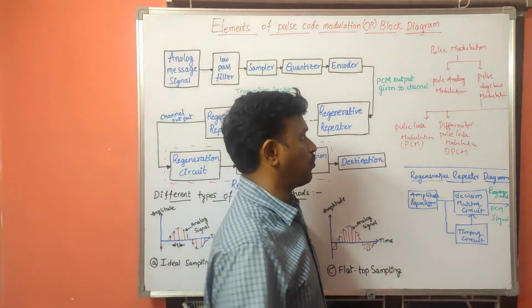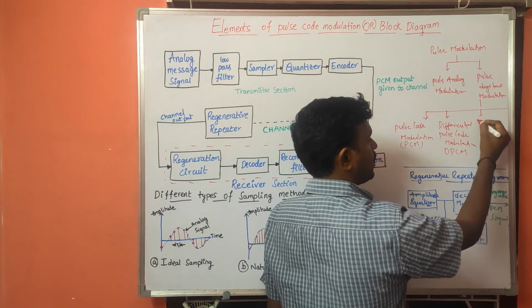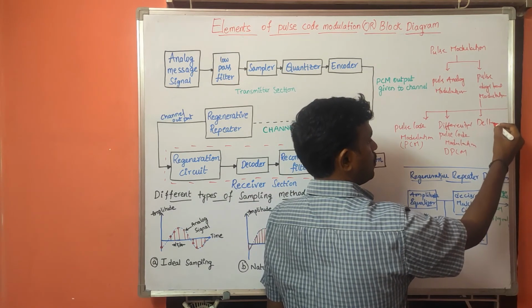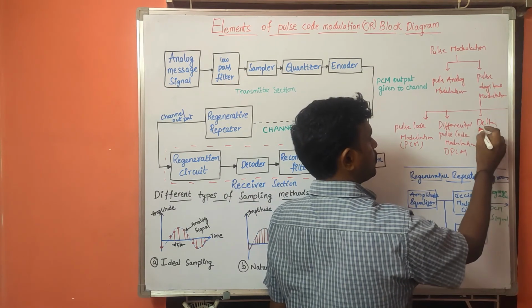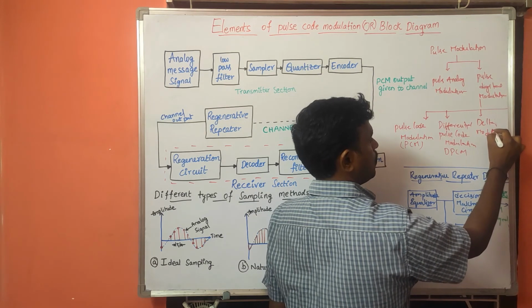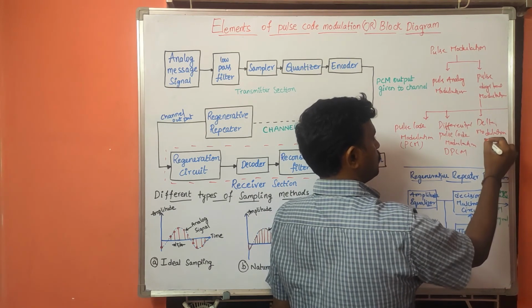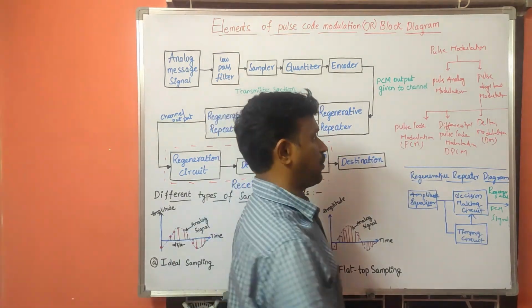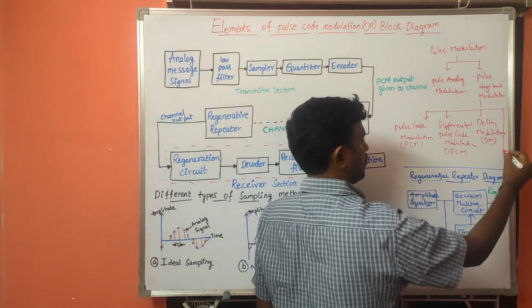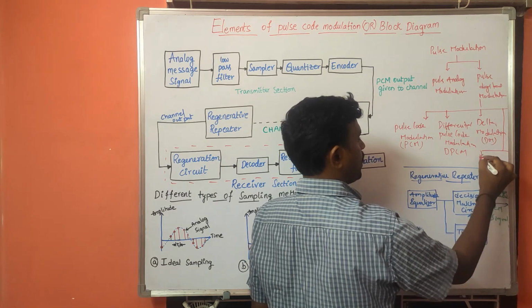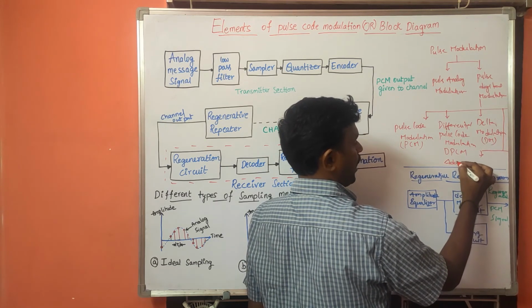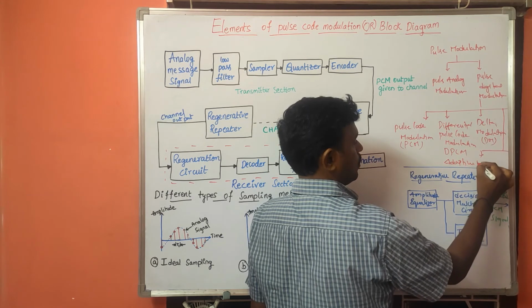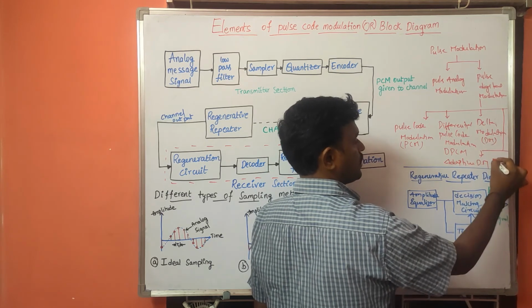Next is delta modulation, which in short form we call DM. Last we have adaptive delta modulation, that is ADM.